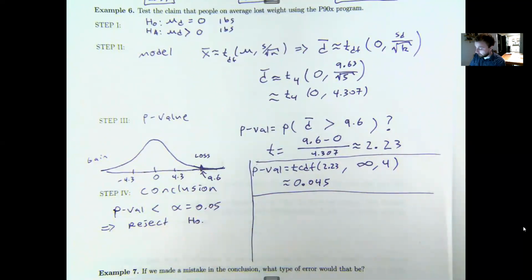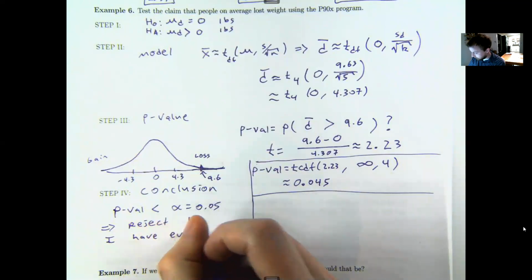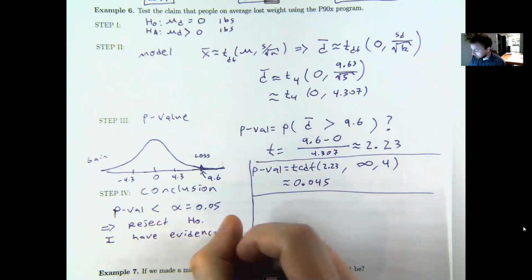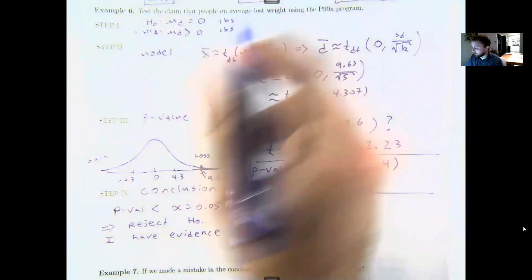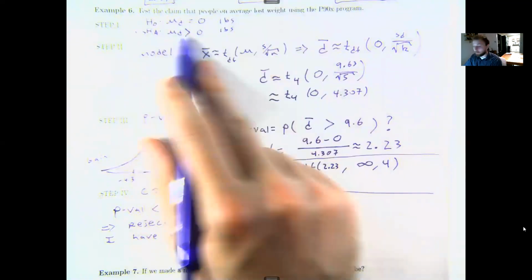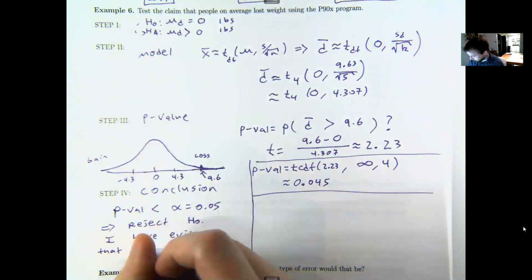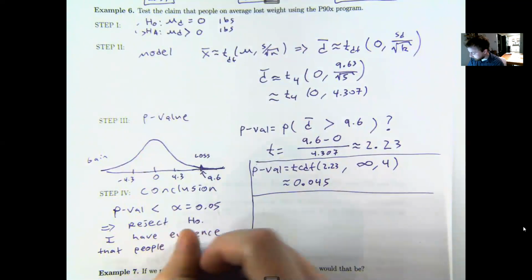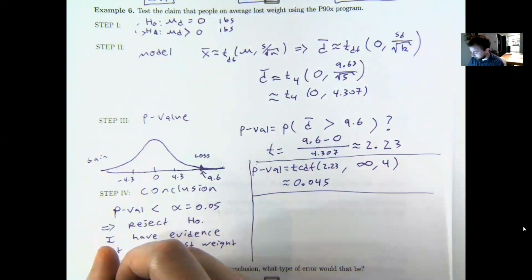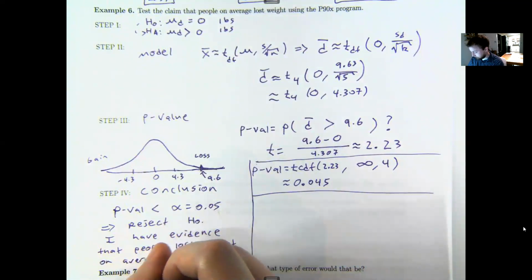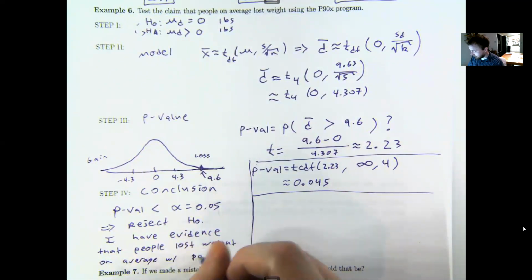If I'm rejecting the null hypothesis, I have evidence of the alternative. In this case, the alternative was greater than 0. I had evidence that people lost weight on average with this P90X program.